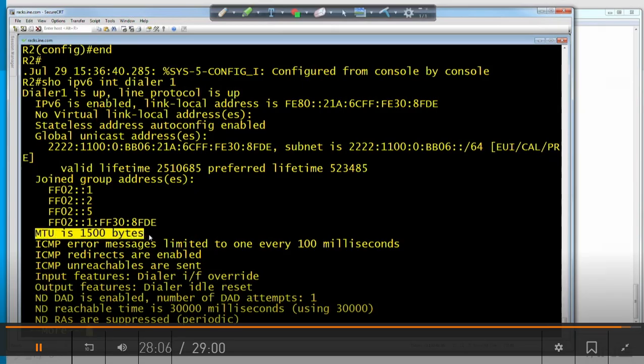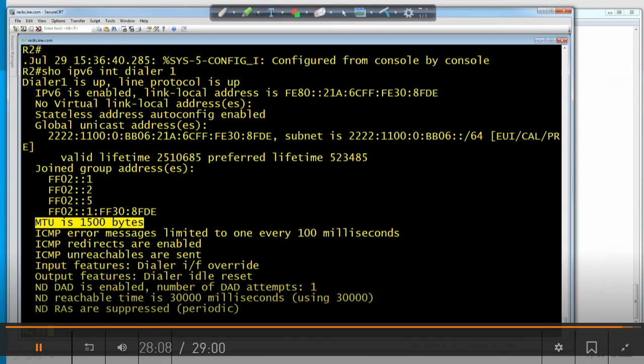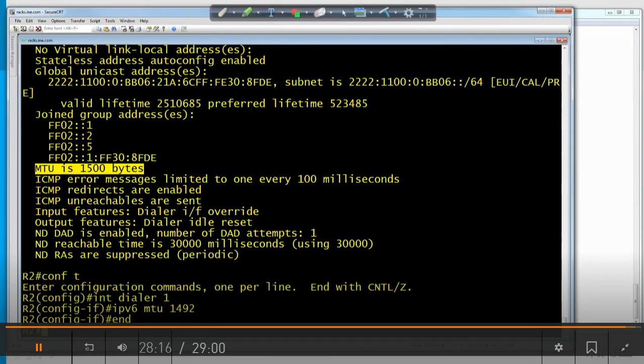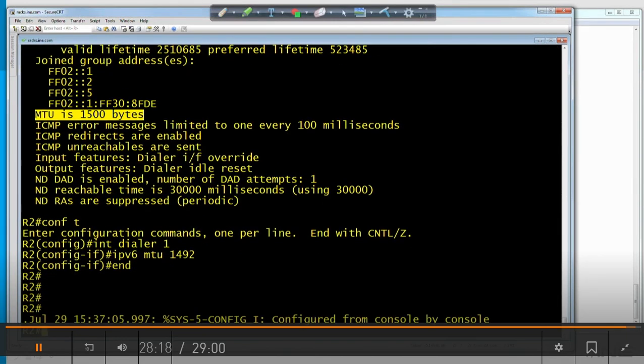Yeah, it's 1500 bytes. Okay, so interface dialer 1, IPv6 MTU 1492. And we should see the OSPFv3 process now form an adjacency with router 4. Hopefully. Not sure why it wouldn't.